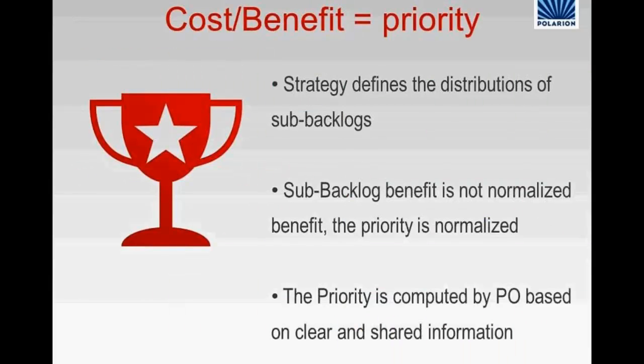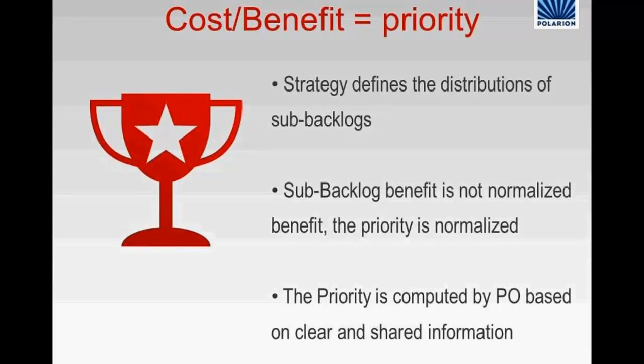So now, how do you compute the priority? The priority is more or less the cost-benefit ratio. And as you were saying, you have multiple backlogs. And if you have multiple backlogs, you have priority that is computed for each backlog separately. So every backlog has its own priority.